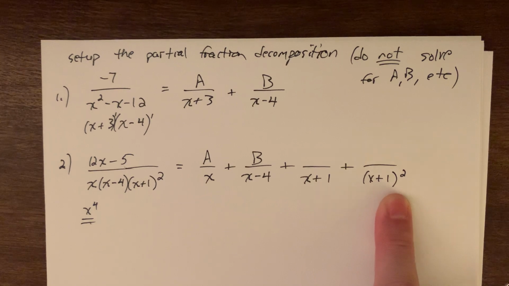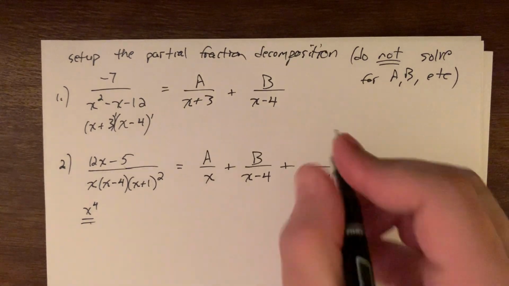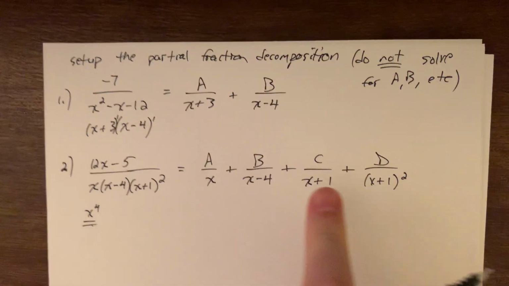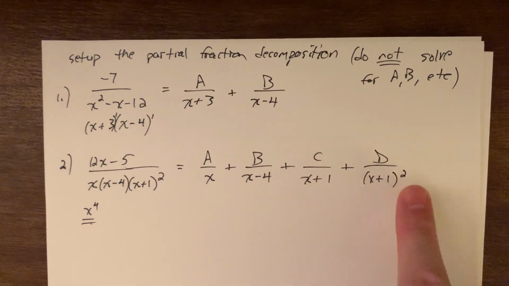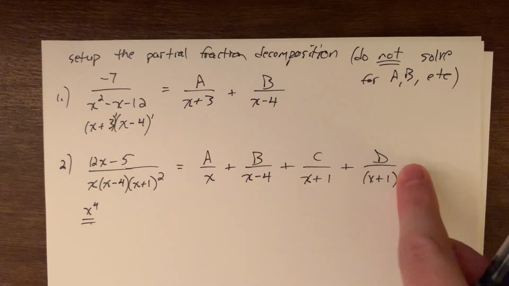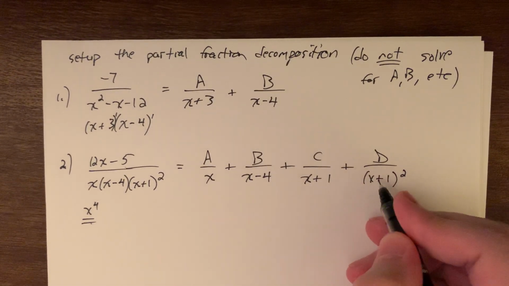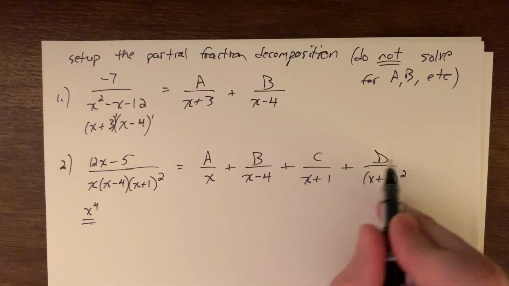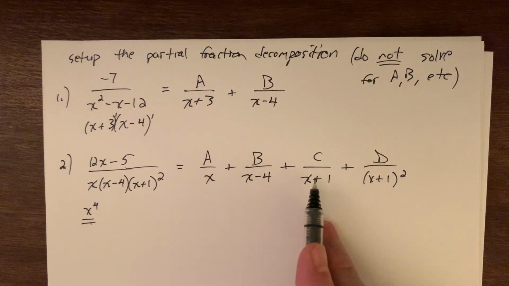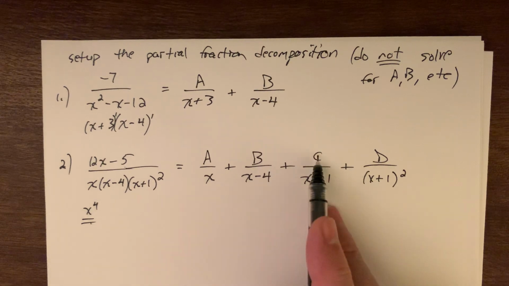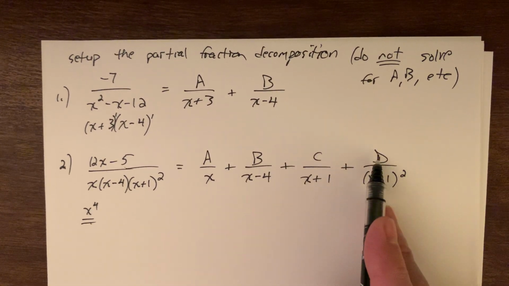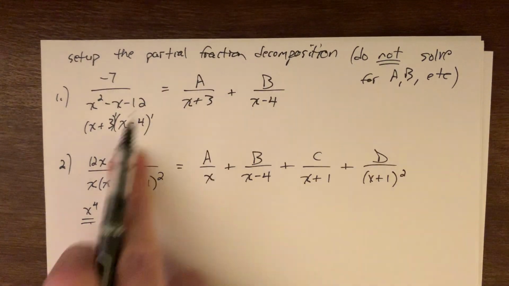But the factor itself is just to the first power, so in both cases, even though this is being squared at the end, they still just get a basic number. Maybe this is a plus 5 over this, maybe this is a minus 2 over that, and that's all we can get.